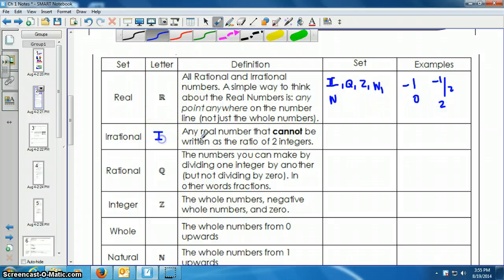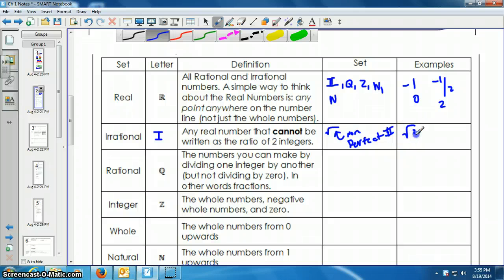Irrational is going to be an I, and those are the square root of a non-perfect number.